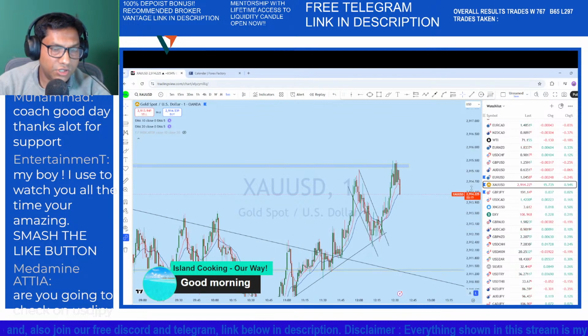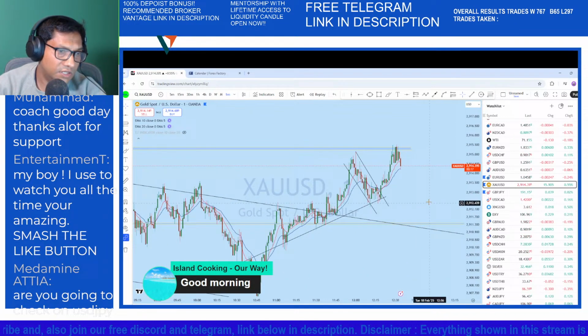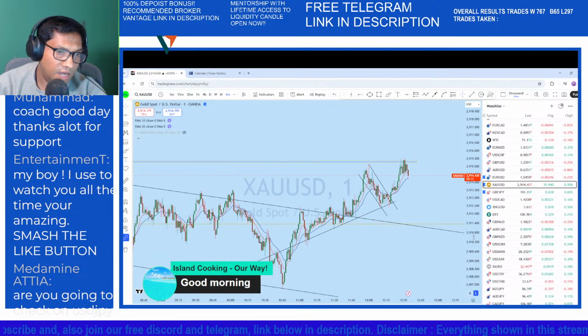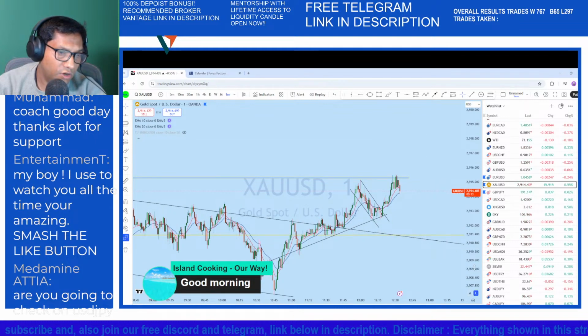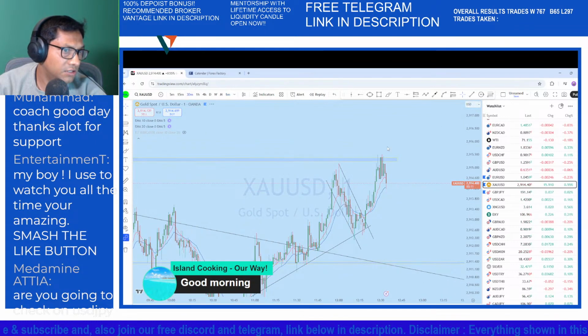I'd like to see that deeper drop here to that support level. And after this deeper drop, we can look for entry again in that area.